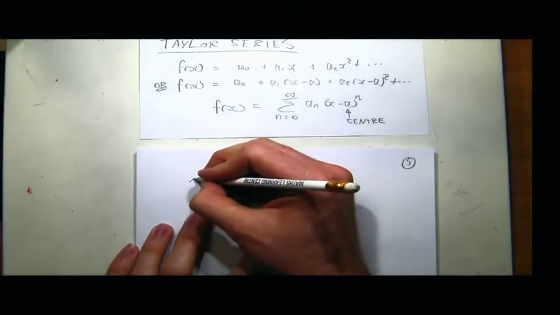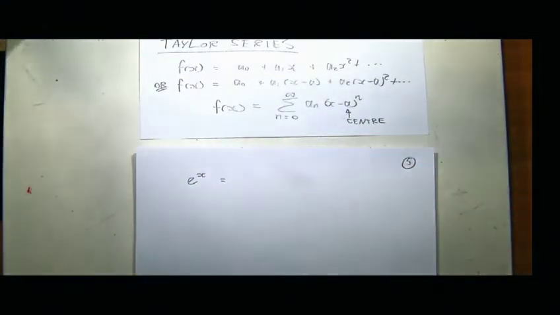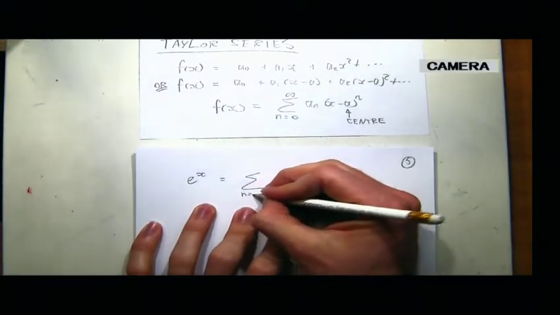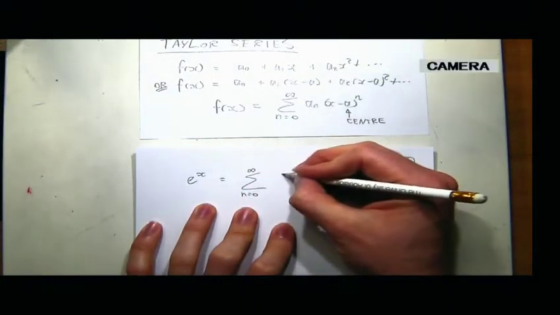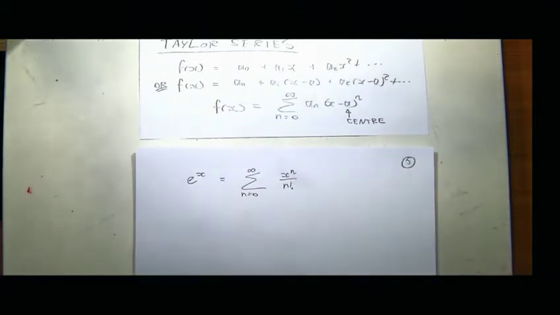So e to the x, or e to the z, works in complex numbers too, is the sum from n equals 0 to infinity of x to the n over n factorial. That is e to the x for any value of x, including complex number x's.